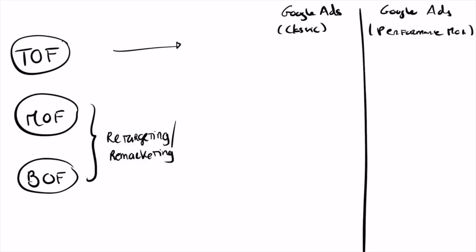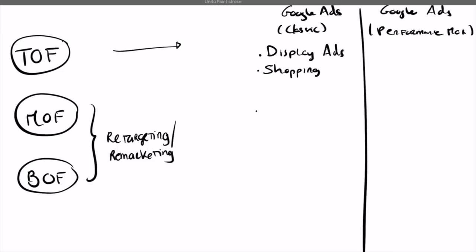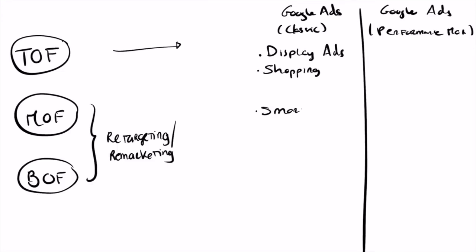The old way of doing it would be you would get display ads, for example, for your prospecting, or you would get shopping ads for prospecting, and you would have to make 1-2 campaigns just for prospecting. And then for retargeting, you would use something like Smart Shopping to retarget everyone that went to your website, or you would use search ads to retarget people that have been to your website or have searched about your brand.